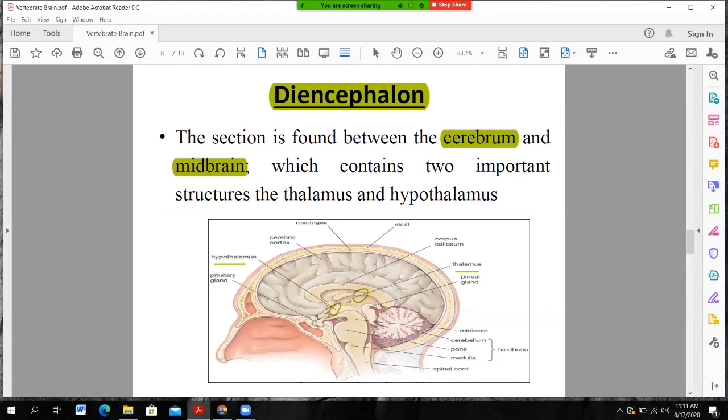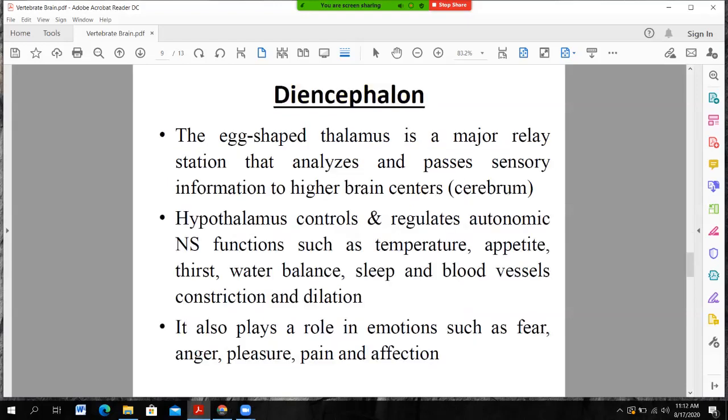So the diencephalon is found between the cerebrum and midbrain. This is the midbrain. And between the midbrain and cerebrum, there is a structure which is called the diencephalon, consisting of the thalamus and the hypothalamus.